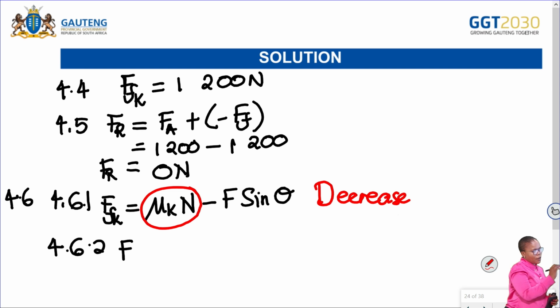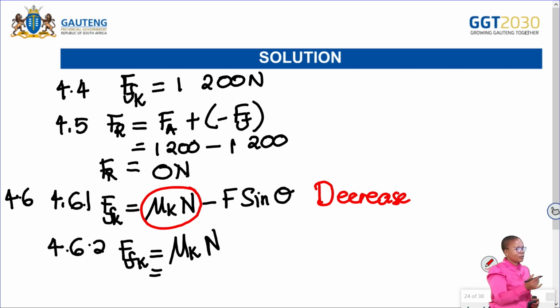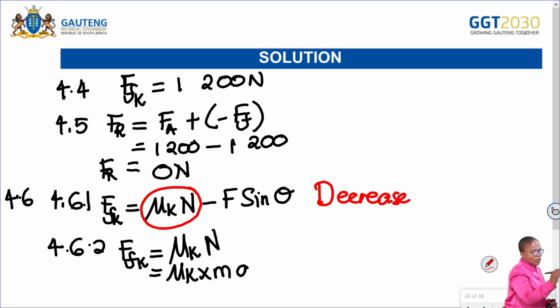So we say F_fk is equal to mu k N. Remember, N is equal to mg, so mu k multiplied by the mass and gravity. That means as your mass increases, the kinetic friction also increases.